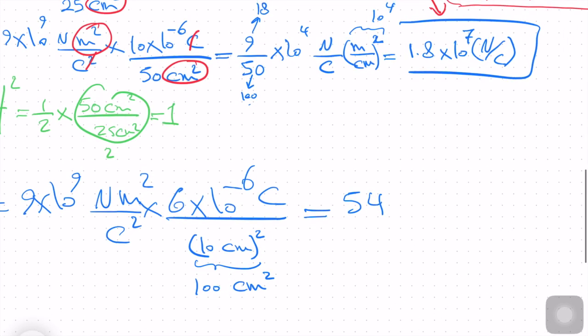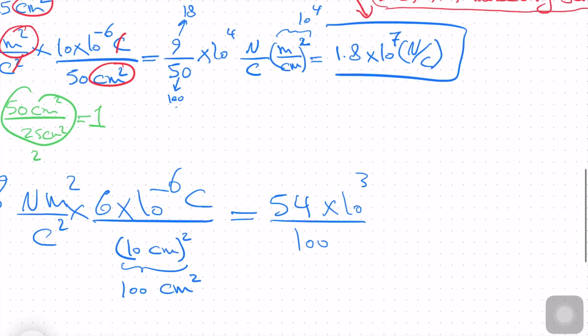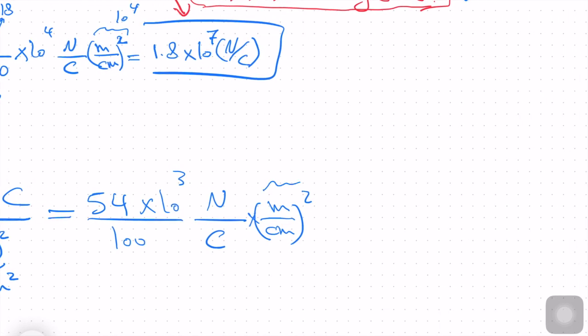Okay, and I'm gonna write down the powers that I have. I have 10 to 9 and 10 to minus 6, so that gives me 10 to 3. I have a 100 sitting there. Now I'm gonna write my units. So I have Newton divided by Coulomb, times the factor of meter over centimeter squared, which remember, it's just 10 to 4. So this is 10 to 4.